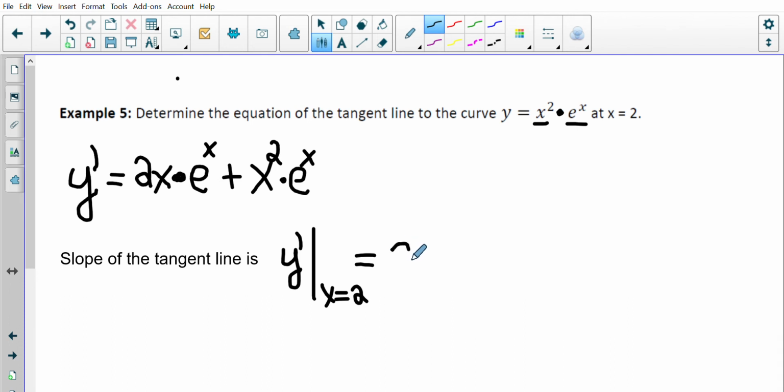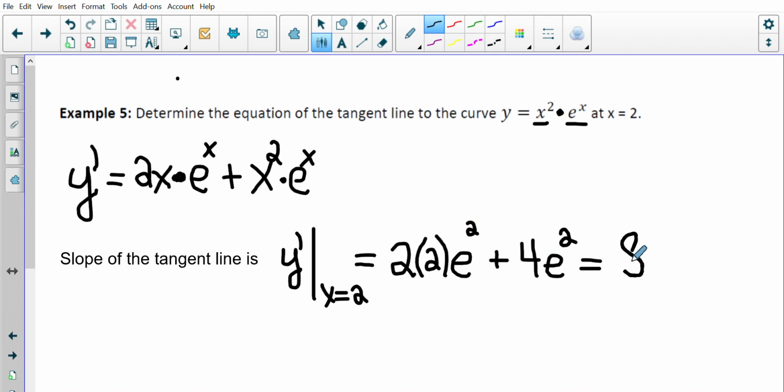We have a 2 already, times x, which is 2, times e squared, plus, let's see here, 2 squared is 4, and then e squared again. Now I can combine those because really I got 4e squared plus 4e squared, so in total I'm going to have 8e squared.